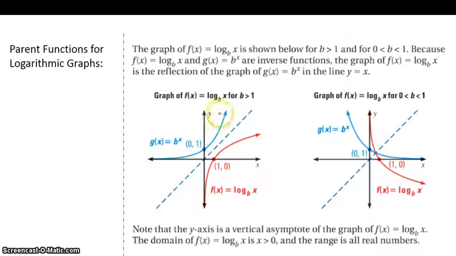So if I take this exponential and reflect the points over the y equals x line, it will give me this logarithmic curve. So the curves for logs are still going to be your exponential curve, but instead of having a horizontal asymptote like the exponential function did, now we're going to have a vertical asymptote.